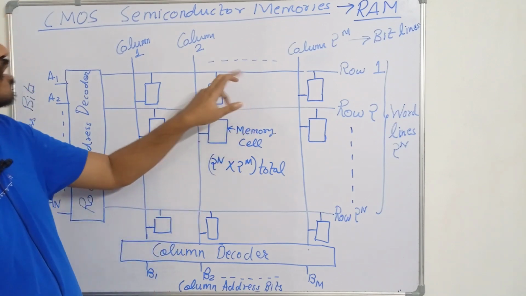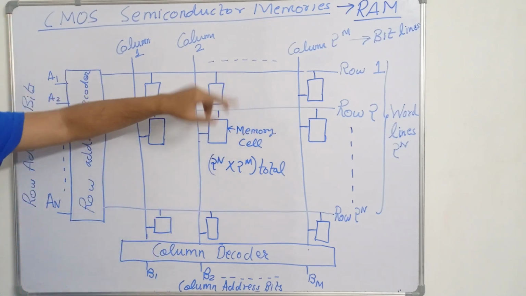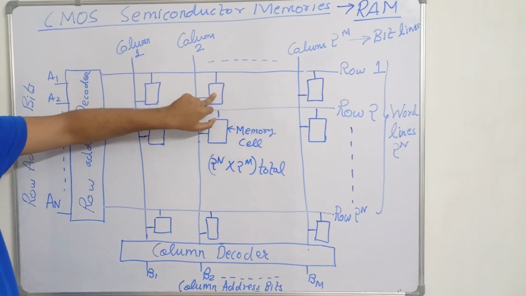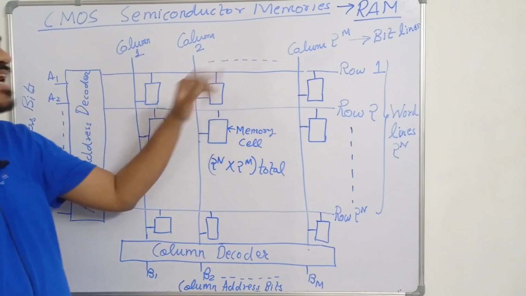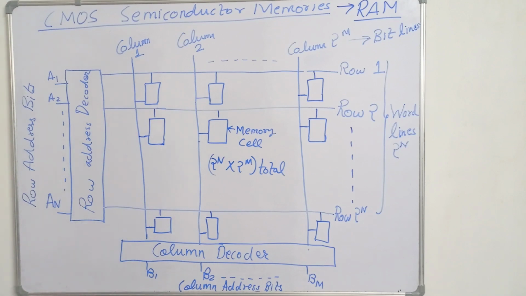Suppose I want to write data in this cell, then I can write it on demand, and if I want to read the data of this cell, then also I can do it on demand. So this is called data read and data write. Then these are called random access memories because the retrieval of data from any cell in the memory array takes equal time.